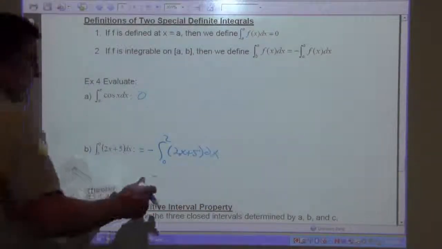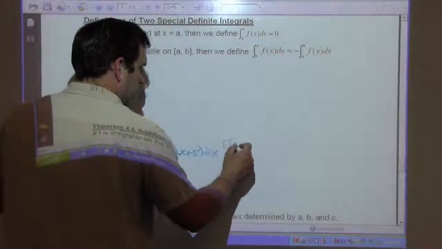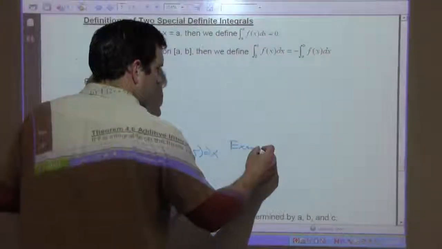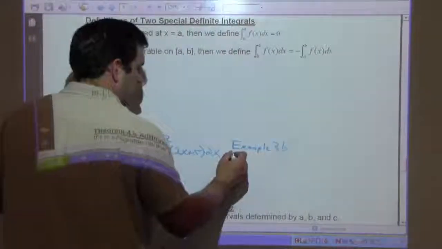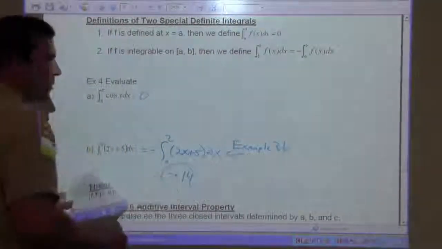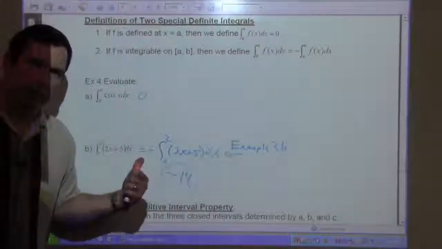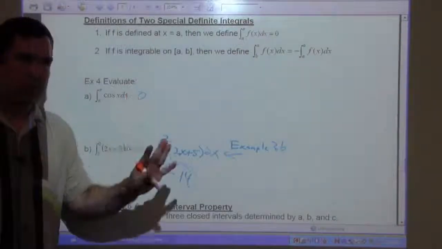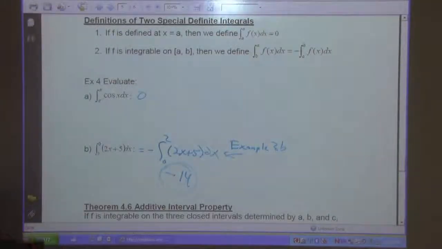We saw this in example 3b. So that's going to be the negative of 14. And trust me, it pains me not to show you how to work this out. We're going to get there. Be patient with the process.